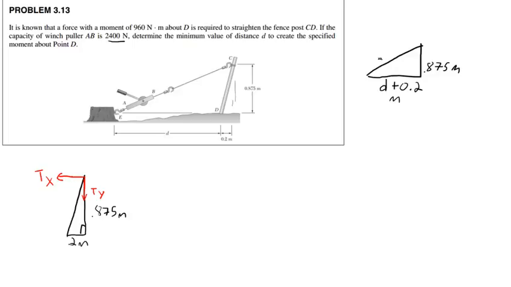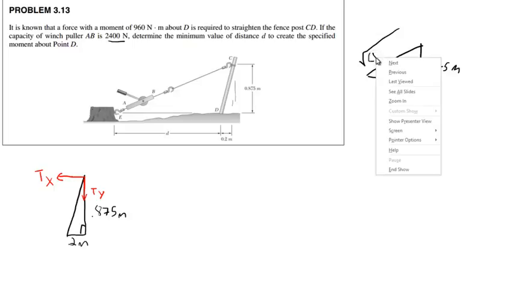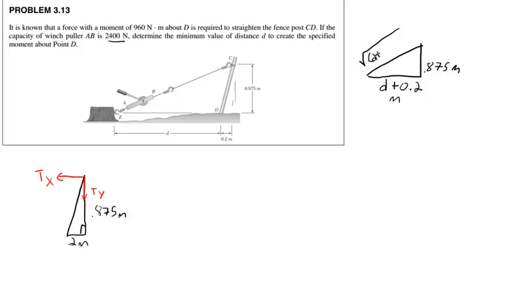And then this is going to be the hypotenuse, the square root of D plus 0.2 squared plus 0.875 squared, like so. Okay, D plus 0.2 squared plus 0.875 squared. So this is getting ugly very quickly, isn't it?